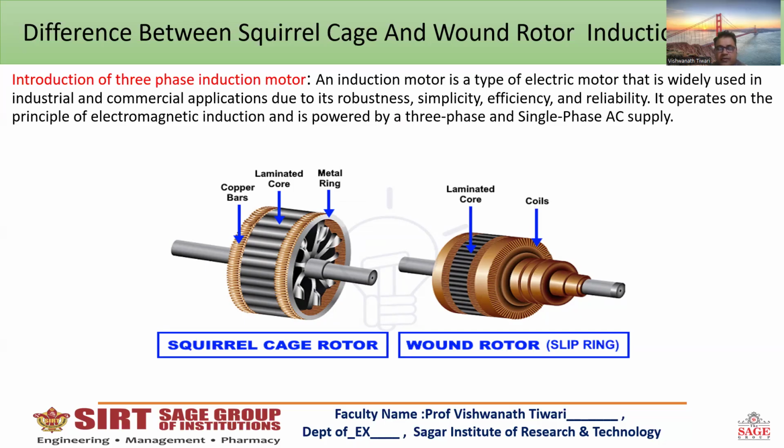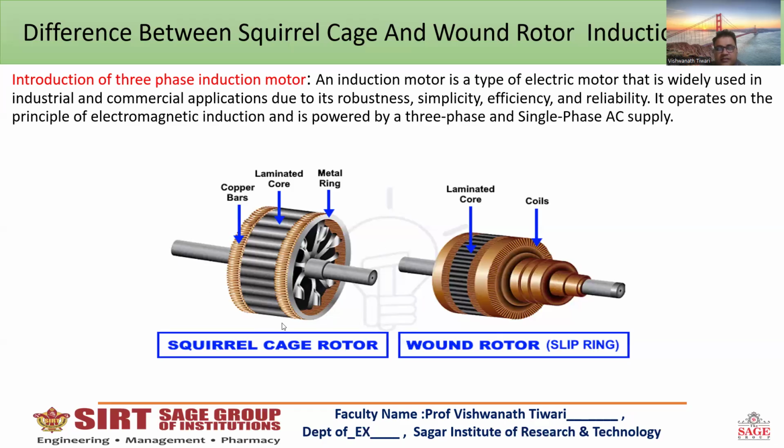Now we proceed to the difference between the squirrel cage and wound rotor. First of all, I want to show some figures related to the squirrel cage rotor and wound rotor. The squirrel cage induction motor has three parts: metal rings, laminated cores and copper bars, and this is called the rotor.